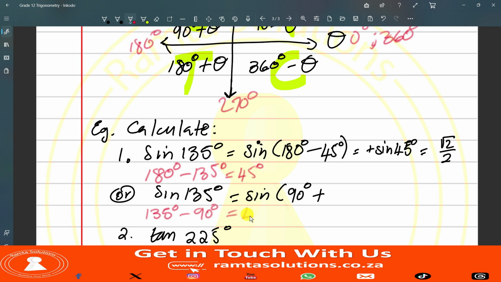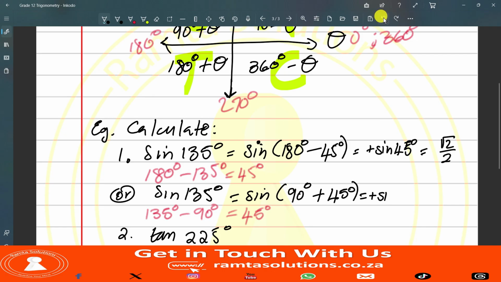It gives you 45 degrees. All right? Perfect. Then proceeding, we will say this becomes 90 plus 45 degrees. Now, sine in the 90 plus quadrant. Which quadrant is that? The second quadrant. Is it positive or negative? Oh, you say it's positive. So it'll be positive sine. Get rid of the 90.